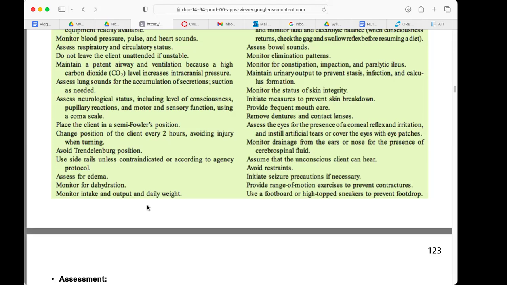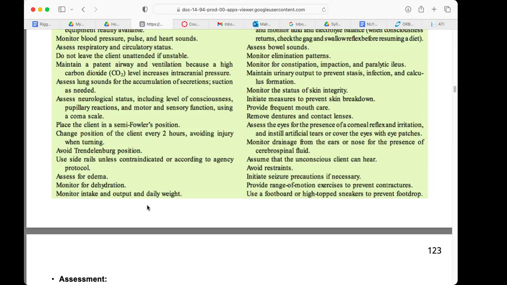Did they pee enough? Versus if they have the urinary catheter, you can measure their urine output and then divide it by how many hours it took them to pee that, so that you get the hourly urine output. And then you have something to base it on, because you ask, what is a normal urine output?